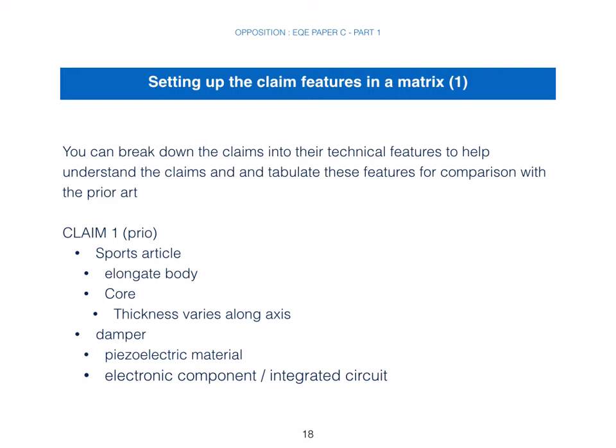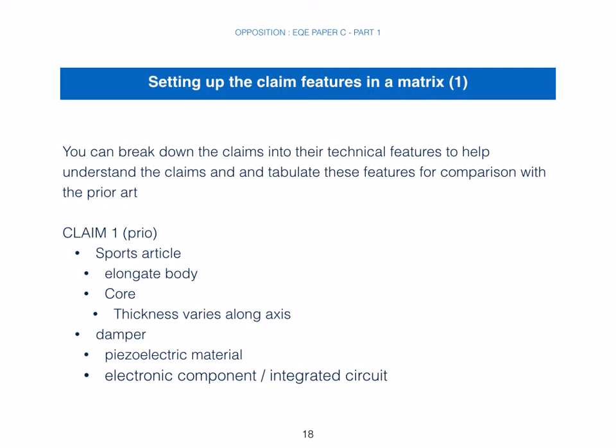Claim 1, if we break it down into its technical features, are sports article, elongate body, core, thickness of the core varies along the axis, a damper of piezoelectric material with an electronic component or an integrated circuit. Those are the technical features of claim 1.